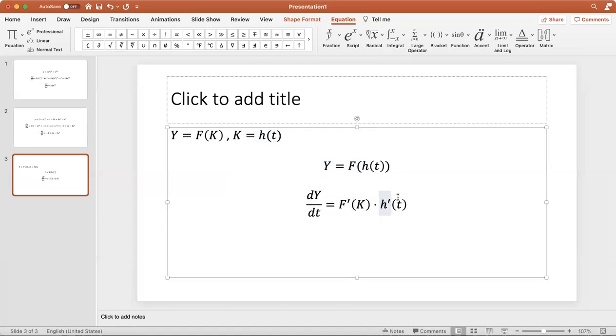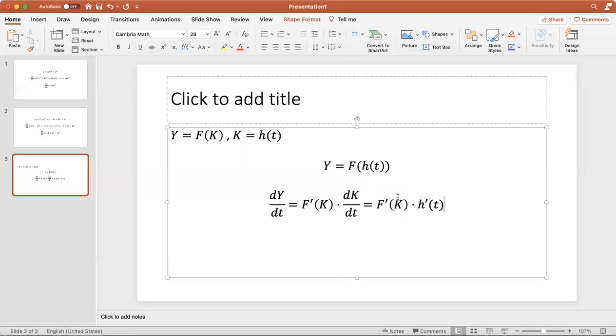Or if you wanted to be a little more explicit, you can just say dK over dt. Or it's similar to say f prime of K times h prime of t.